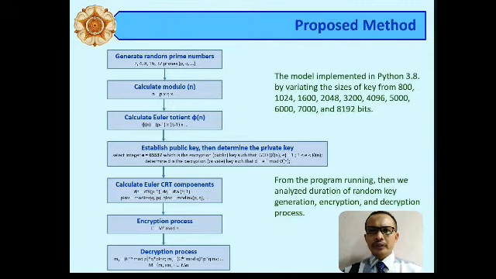Encryption processing is no different from the standard RSA. We can use the formula of standard RSA. After we get the ciphertext from the plain text in encryption processing, we conduct decryption processing to change our ciphertext back to plain text.